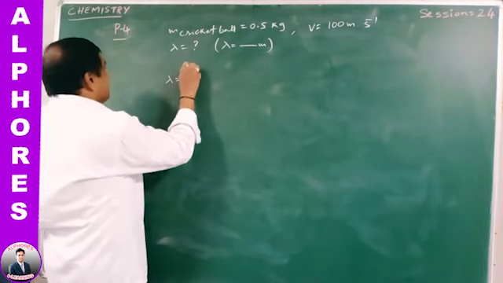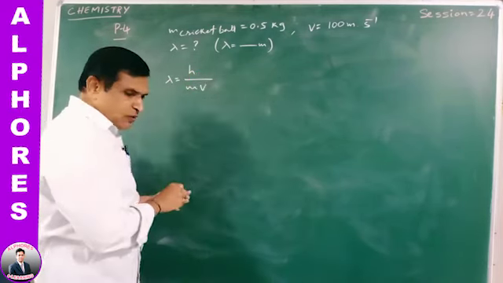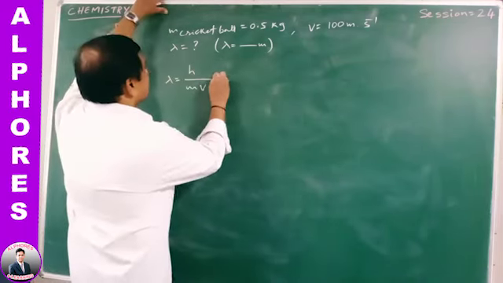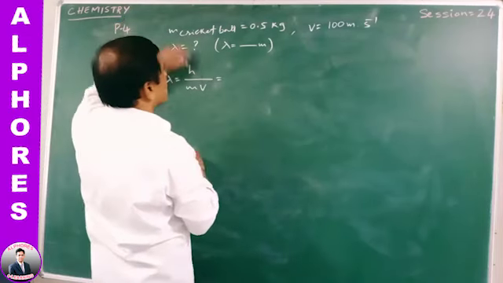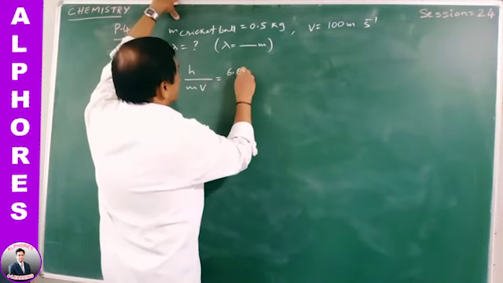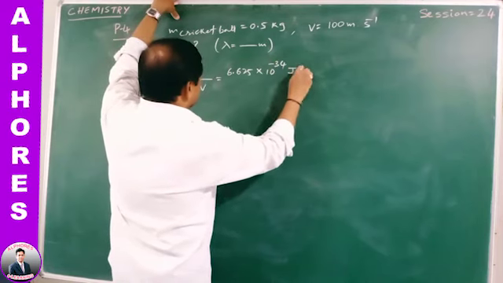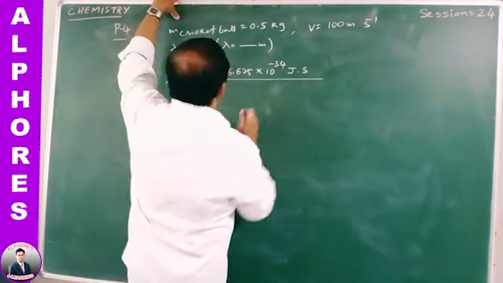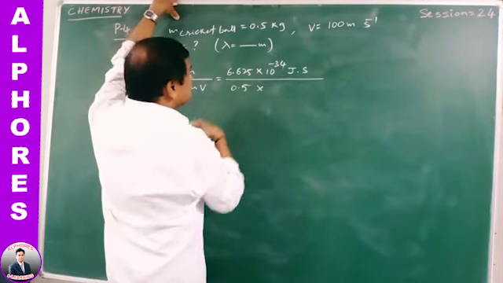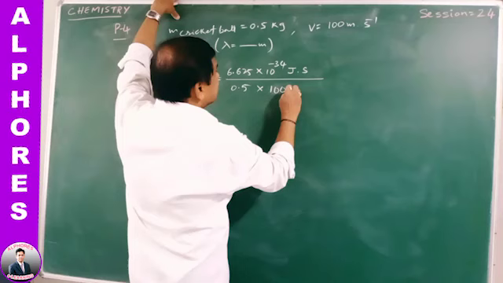Now lambda is equal to h by mv, the basic formula we require. So then substitute the data in this. In SI units, Planck's constant is 6.625 into 10 to the power minus 34 joule second, by mass of the cricket ball 0.5 kg, into velocity of the cricket ball, 100 meters per second.